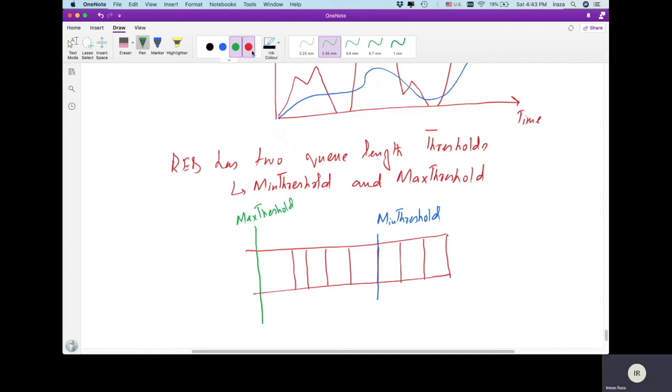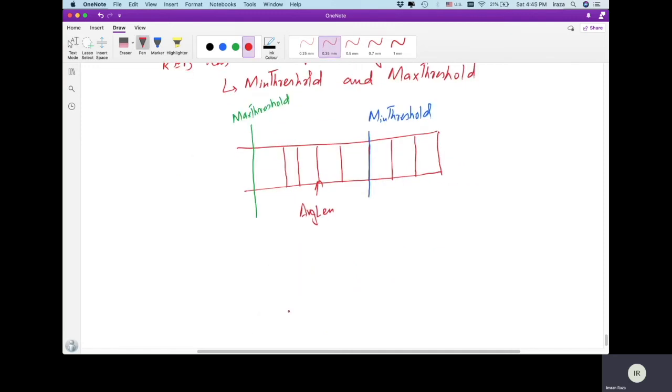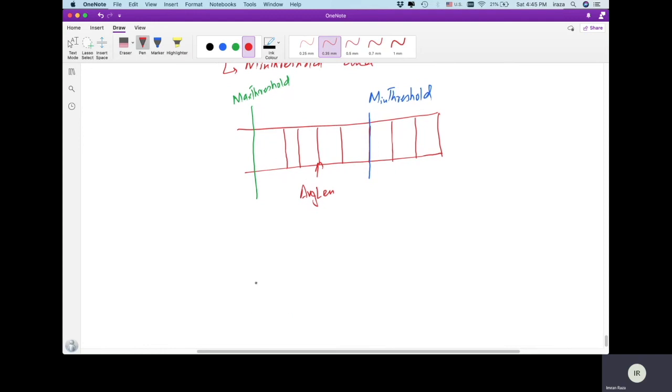Right, so the average queue length will be somewhere here. In order to calculate the average queue length, we have two thresholds: a minimum threshold and a maximum threshold. So we try to understand how this average length is computed using the minimum threshold and maximum threshold values.